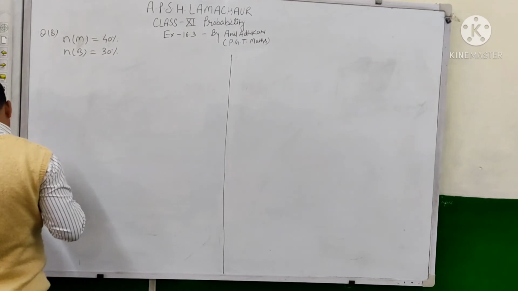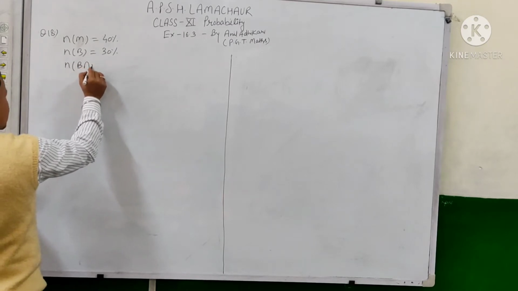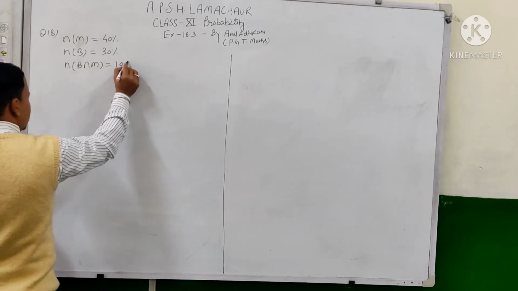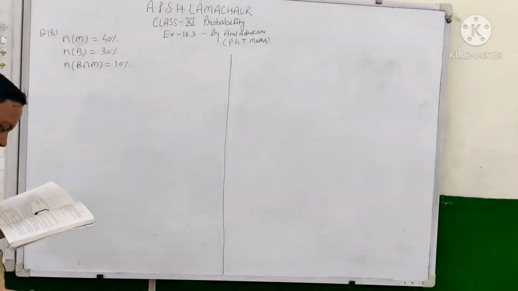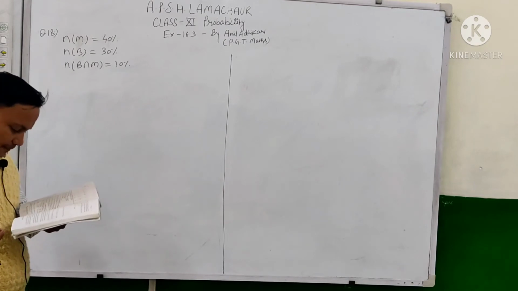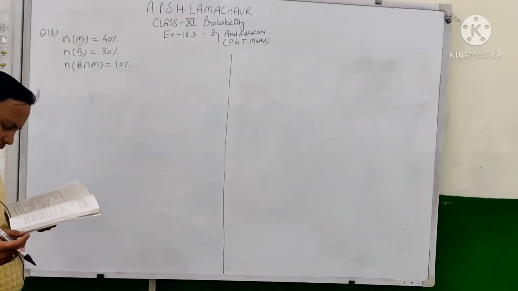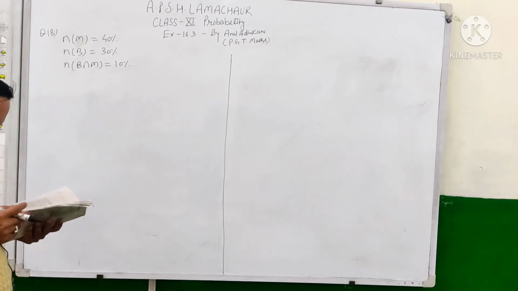10% of the class study both mathematics and biology. So n of B intersection M will be 10%. Okay. This is the information which we have been given. If a student is selected at random from the class, find the probability that he will be studying mathematics or biology.